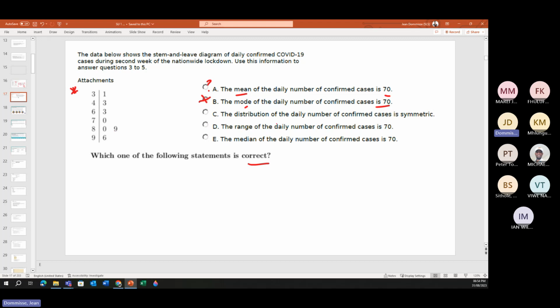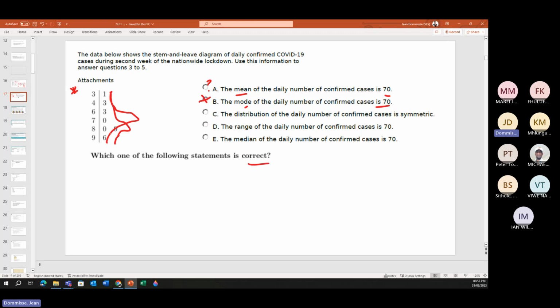The distribution of a daily number of confirmed cases is symmetric. Okay, for it to have been symmetric, it needed to be something like that, the curve. But the curve is actually sitting a bit skewed because you can see the hump is not in the middle of a curve.